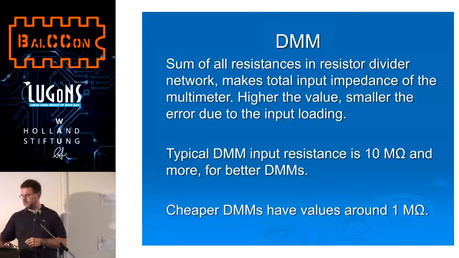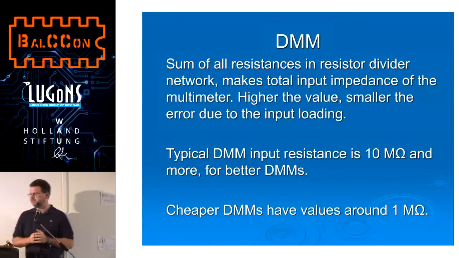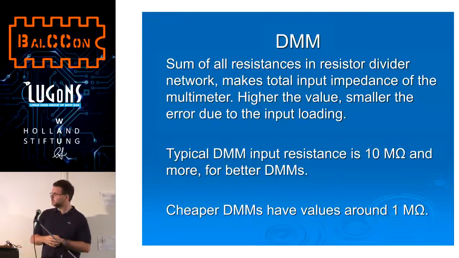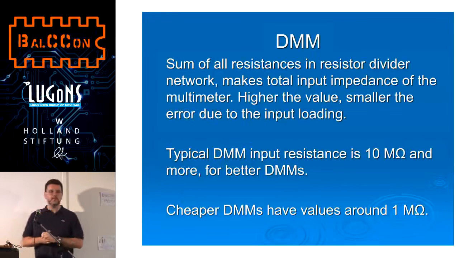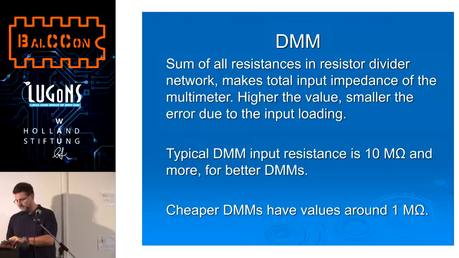For say a 20 AC current range, you get 3% error, and that's large. This means that something may affect your measurements.